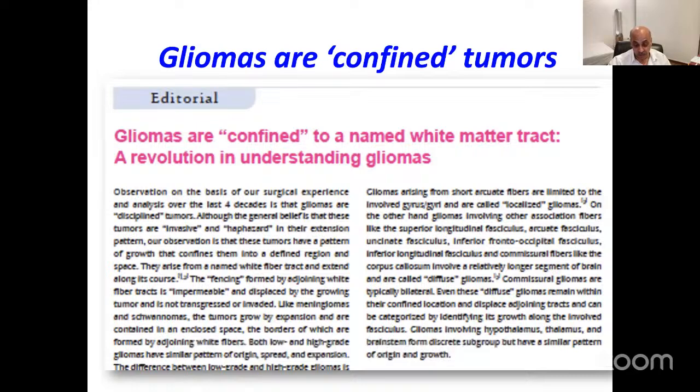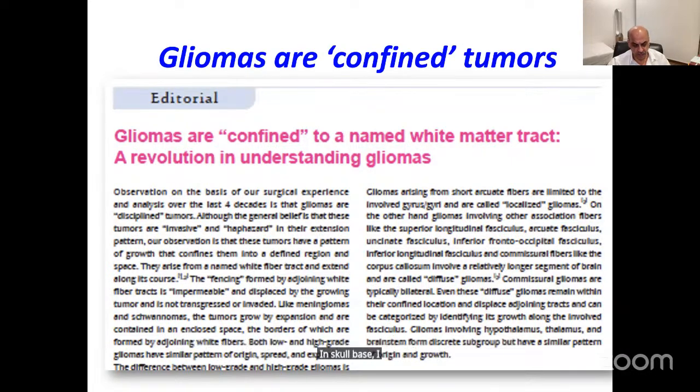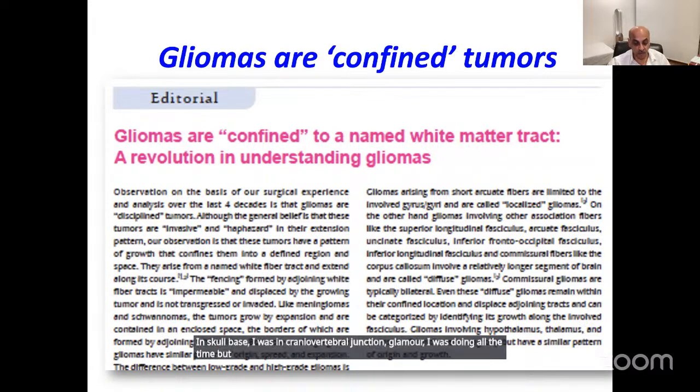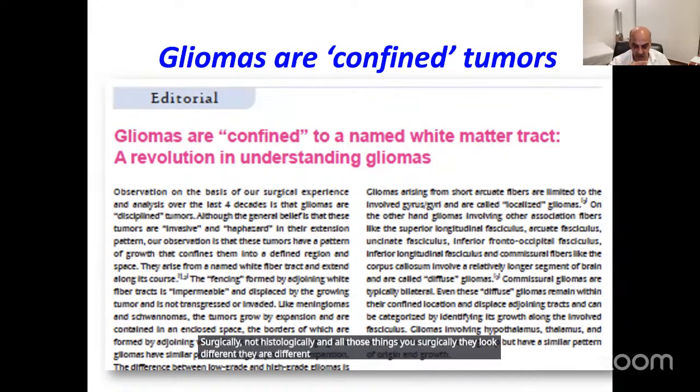I was in skull base, in craniovertebral junction, doing gliomas all the time, but the real thing which I suddenly got out of the blue was the understanding that gliomas are confined tumors, surgically, not histologically. Surgically they look different, they are different. They are confined to a named white fiber tract.